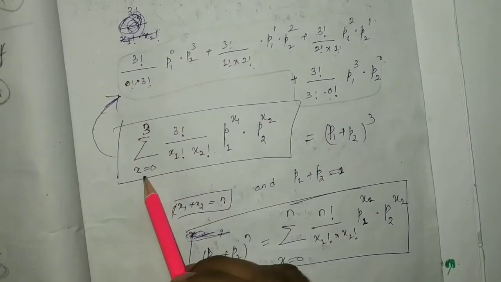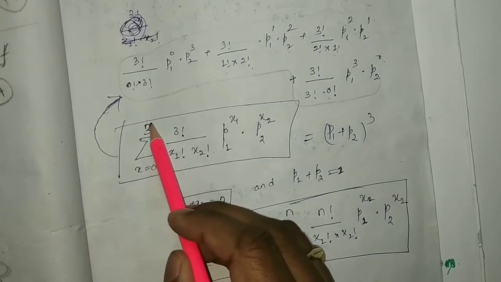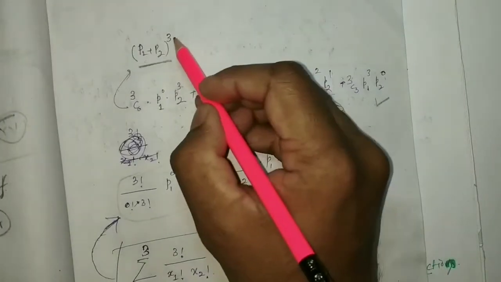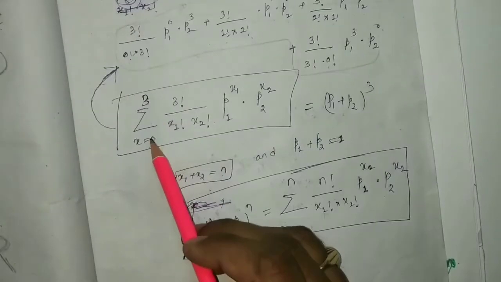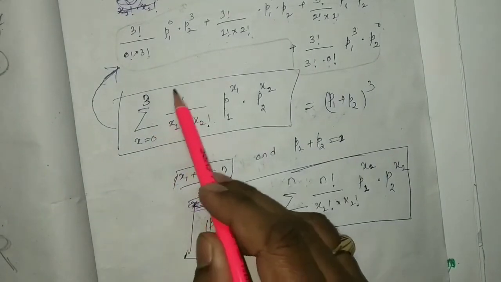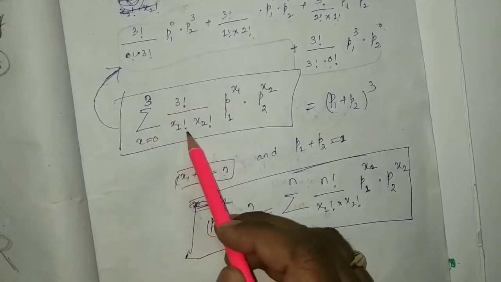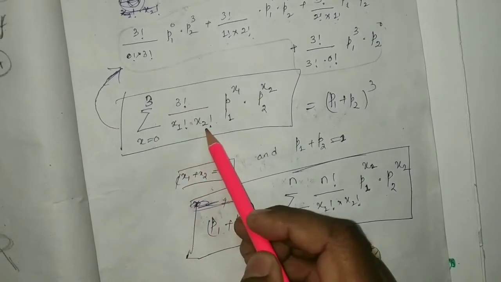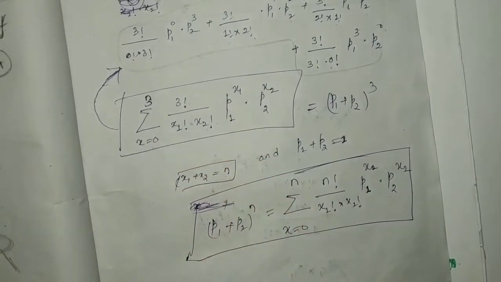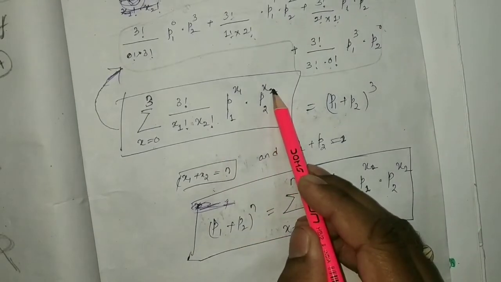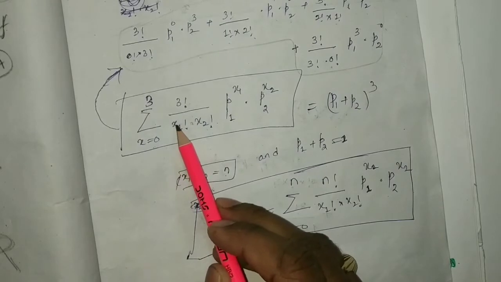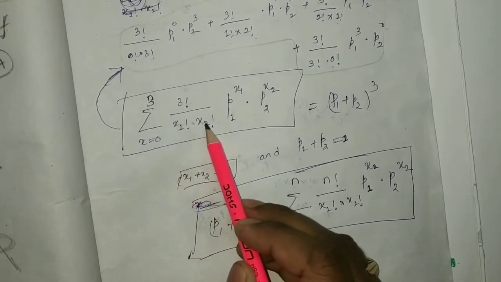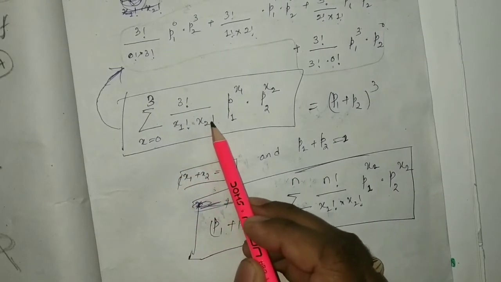We can write this as x equal to 0 to 3. Here the power, small n, is 3, right? So x equal to 0 to 3 of 3 factorial by x1 factorial into x2 factorial, p1 to the power x1 into p2 to the power x2. The x1 value you can consider as 0, 1, 2, 3. Here x2 also you can consider 0, 1, 2, 3.